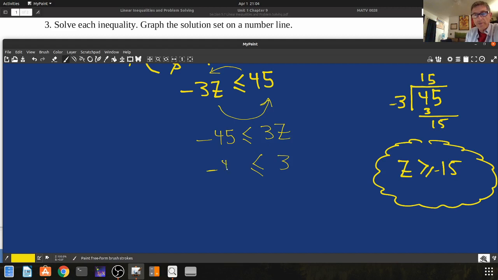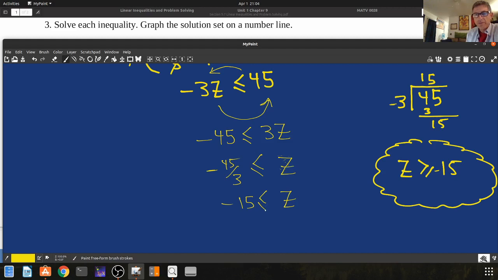This is 45 divided by minus 3, which is minus 15, is less than or equal to, and that's supposed to be, at least that's understandable, because a 3 almost looks like a z. That should be a z there. There we go.